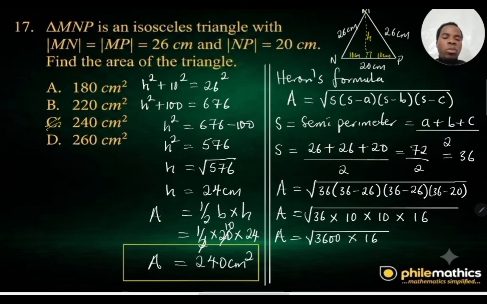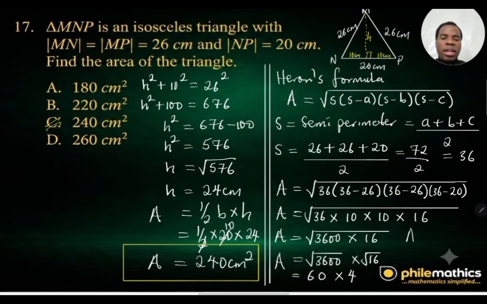The square root of this product is the product of their square roots. So area is the same as square root of 3600 times square root of 16, which is 60 times 4.